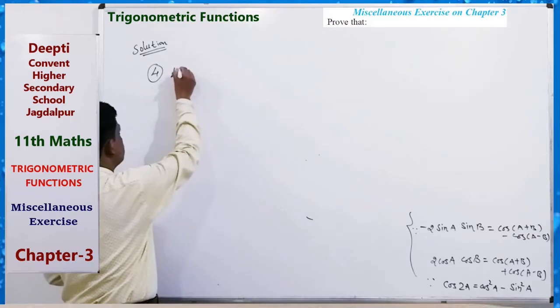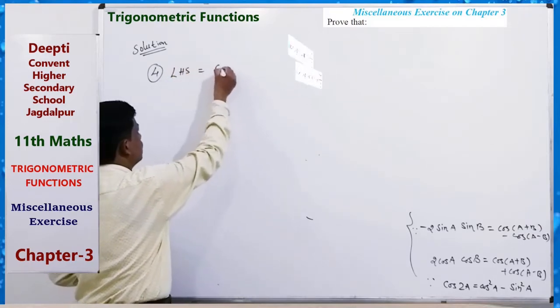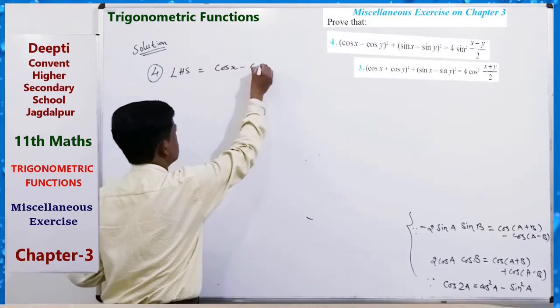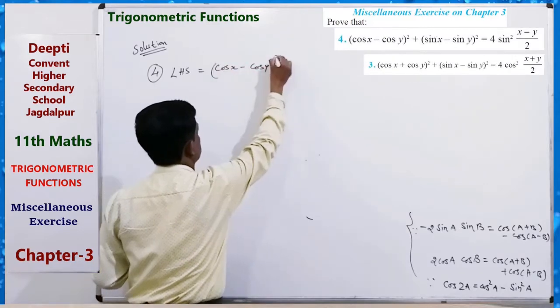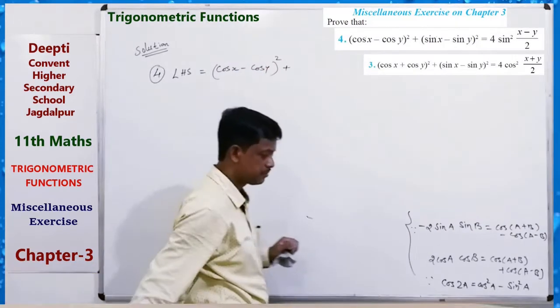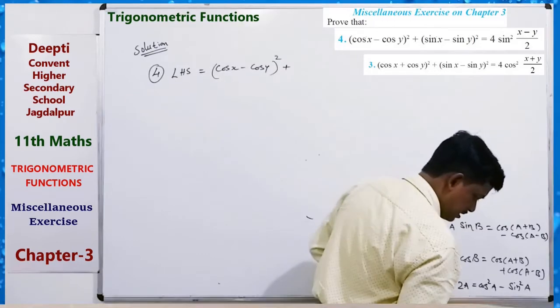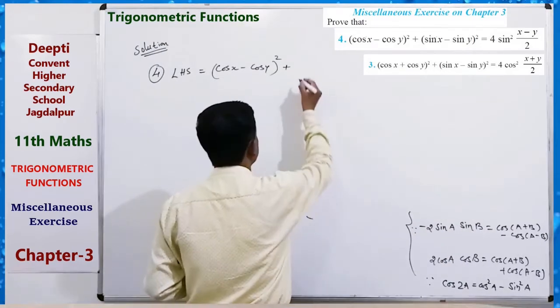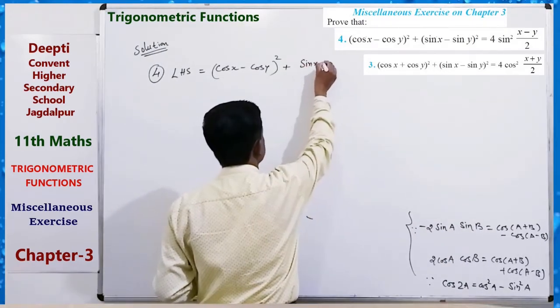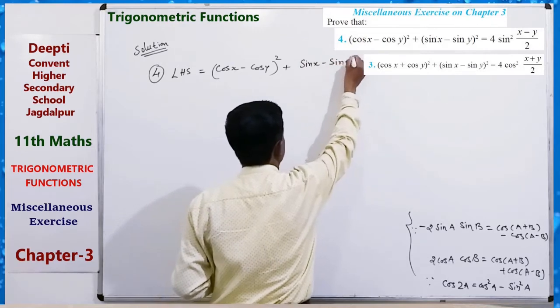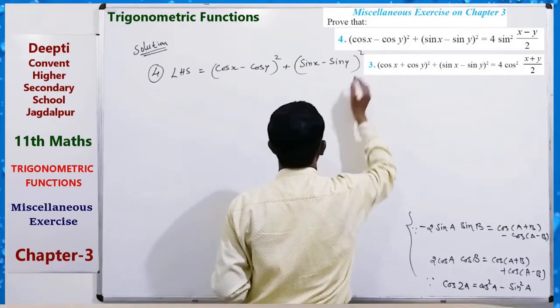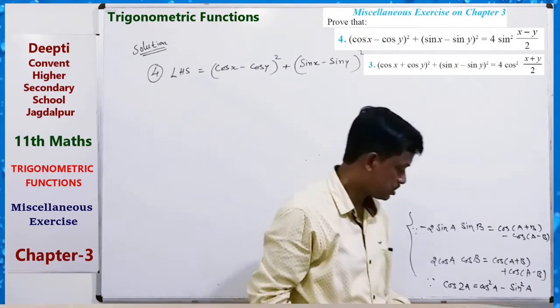Question 4, left hand side: cos x minus cos y square plus sin x minus sin y square. This is the left hand side of question 4.